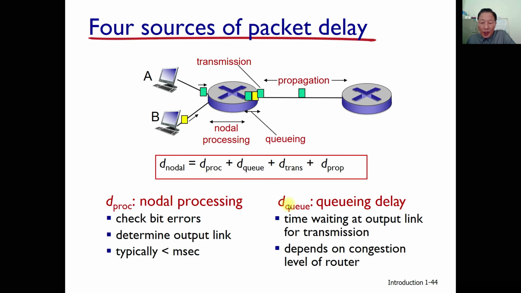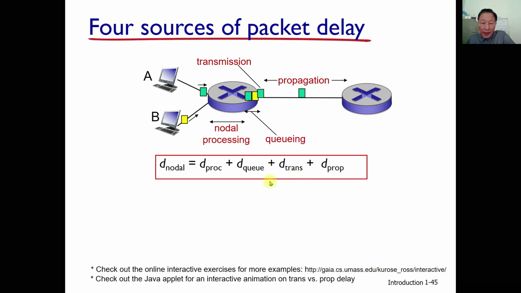Another factor, queuing delay, as I mentioned already, is the time waiting at the output link for transmission. Depending upon the congestion level of the router, that may be different. Thus, this one is a variable delay time. And another delay time in the next slide we'll look at.